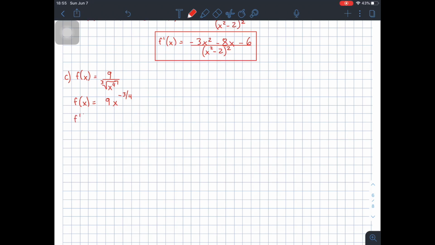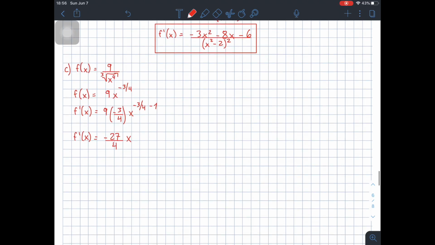So f prime of x, in this case, is equal to 9 times negative 3/4 times x to the power of negative 3/4 minus 1. So this would be equal to negative 27 over 4 times x to the power of negative 3/4 minus 1, that would be negative 7/4.